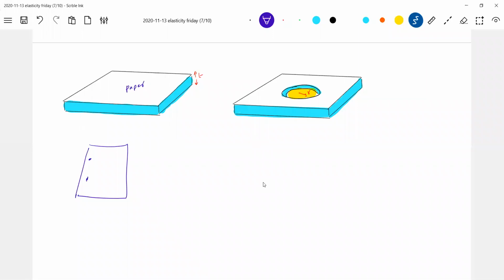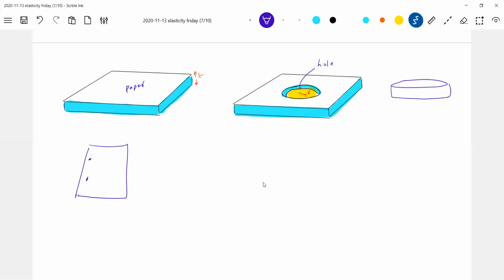To make a hole in a sheet, tell me what force I should apply. I think there's a question. So how do we come to know what force we should apply? What force should be applied by the punching machine so that a hole of radius r and thickness t is made? Because whatever the thickness of the paper, that much of the hole will be there. So this much of material will be taken out.